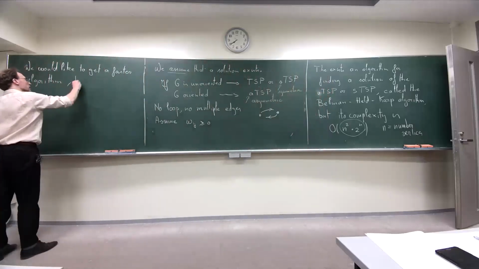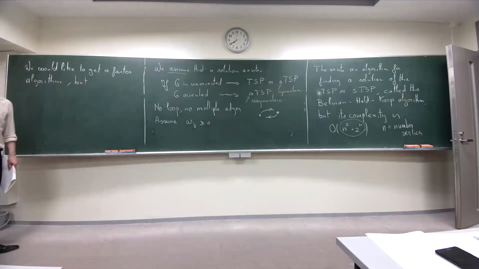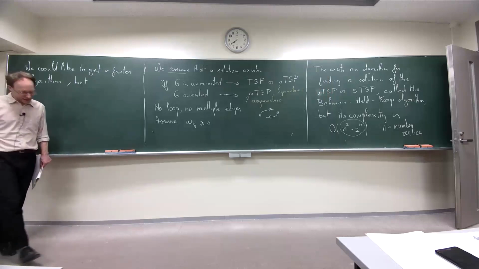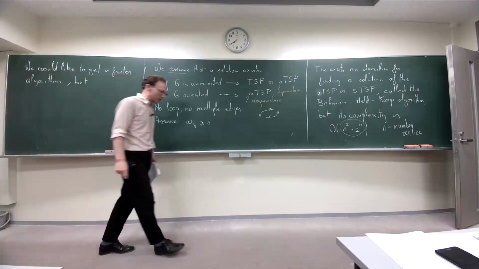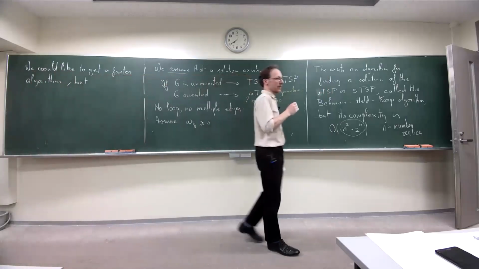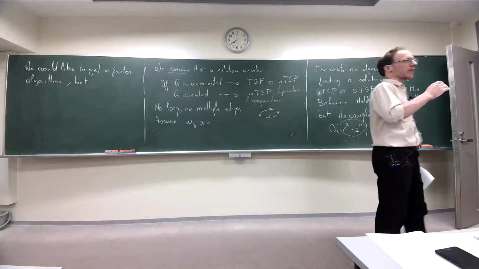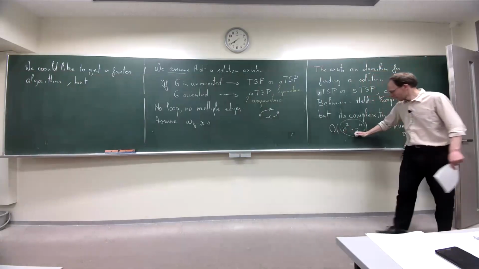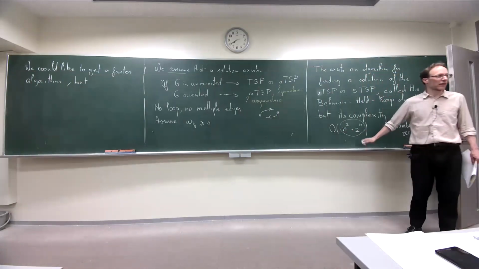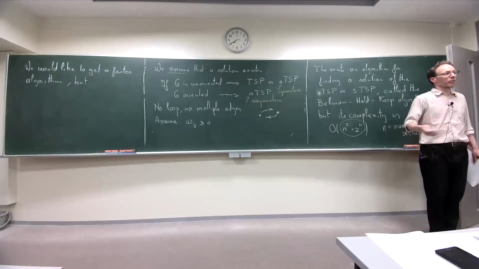So if we find one, that's fine. You will get some money if you find it. But the problem is, it has probably been proved that you cannot find an exact solution with a much faster algorithm. So still, it's an interesting question.